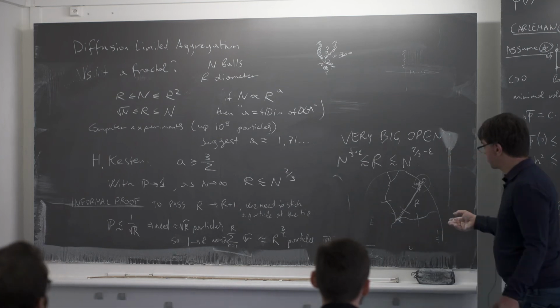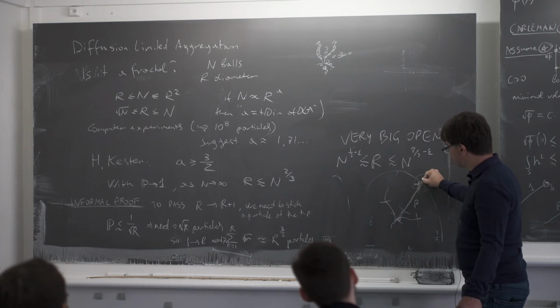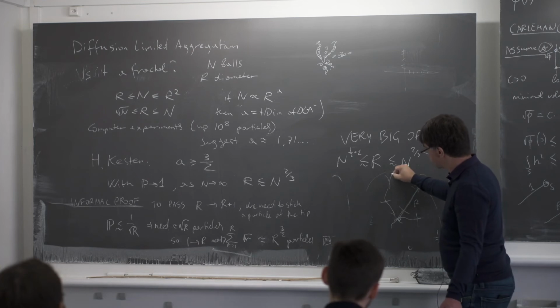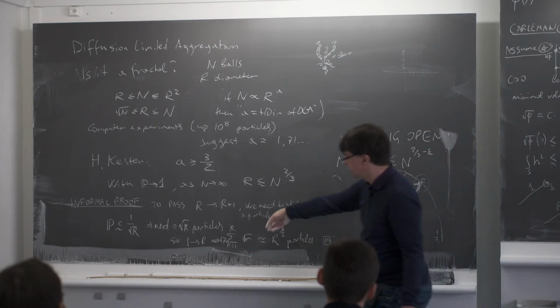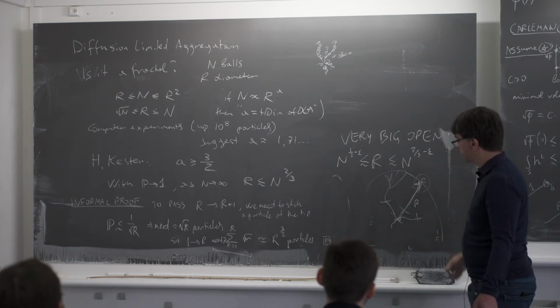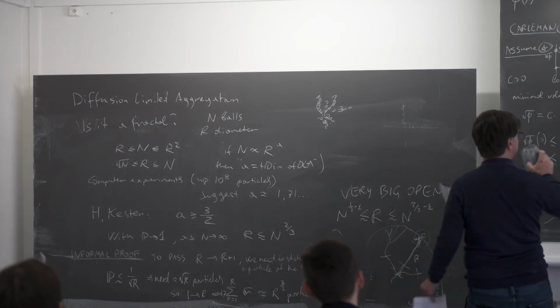So when we first reached the size r, there was only one point where we could add a particle and increase the size. But then other parts grow, and as we add these square root of r particles, we can get more landing points which would increase the size. So one needs to do some accounting for that.